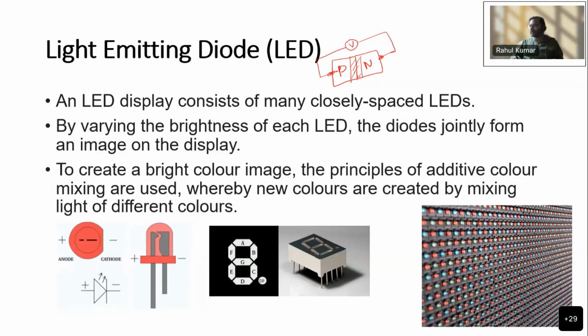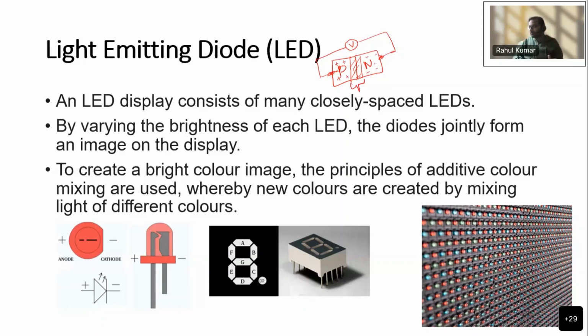Okay, so P type semiconductors have more positive charge, and N type semiconductors have more negative charge. So when you join them together, the positive and the negative charges will combine at this junction and produce a neutral charge, right? When you combine one positive charge and one negative charge, they become neutral.